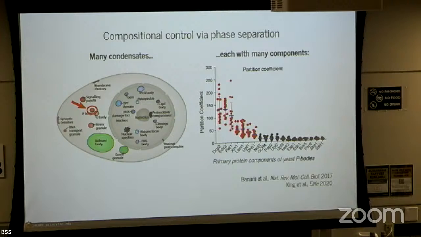But while we can explain some of the features of these experimentally observed phase diagrams, it's not possible to explain this exquisite organization that you can get through the formation of these membraneless biomolecular condensates. So for that, we absolutely have to move to a multi-component picture. And so that's what we'll do next.